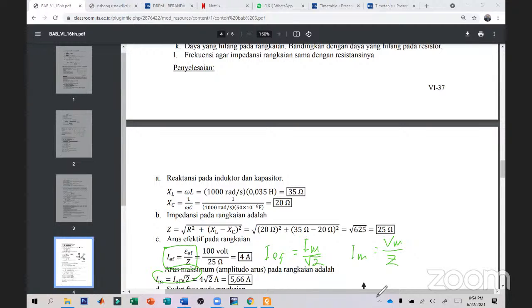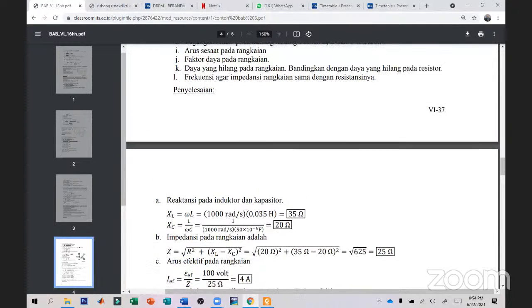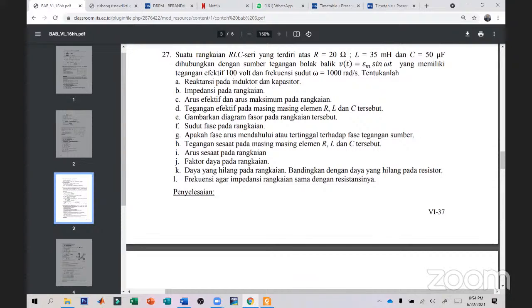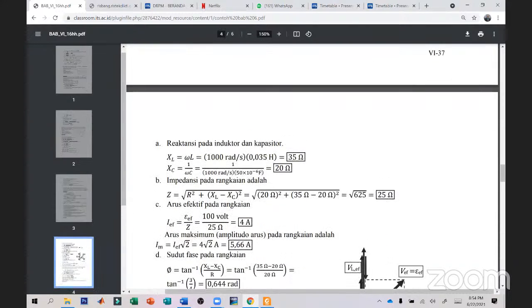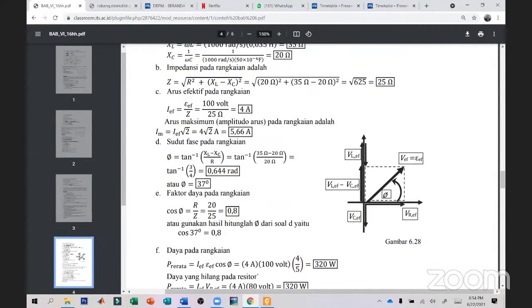Now the next question. Draw the phasor diagram of the circuit. This is the phasor diagram. We can draw the real part as VR effective or VR maximum.